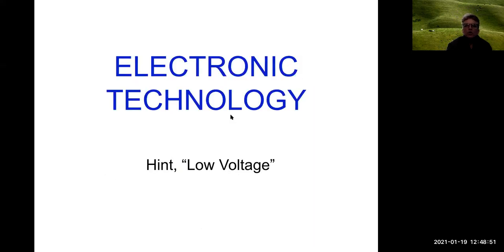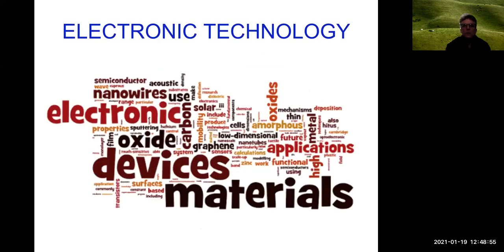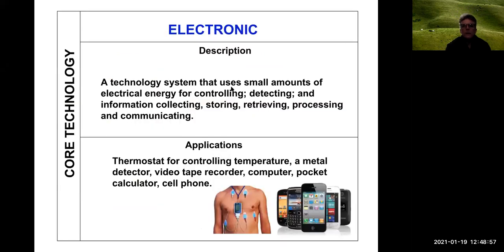Okay, electronic technology is lower voltage. Electronic technology is a technology system that uses small amounts of electrical energy for controlling, detecting, and information collecting, storing, retrieving, processing, and communicating.